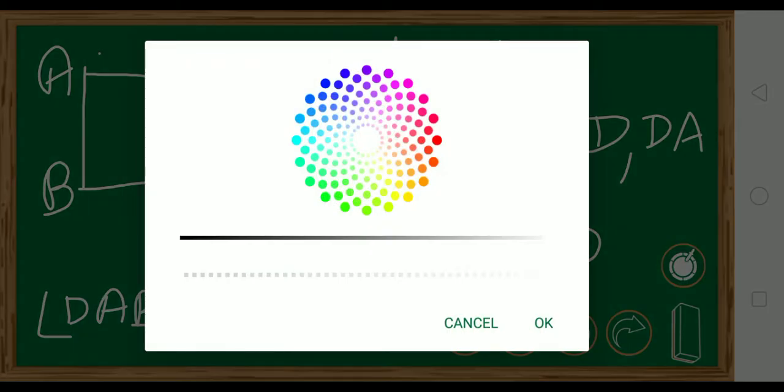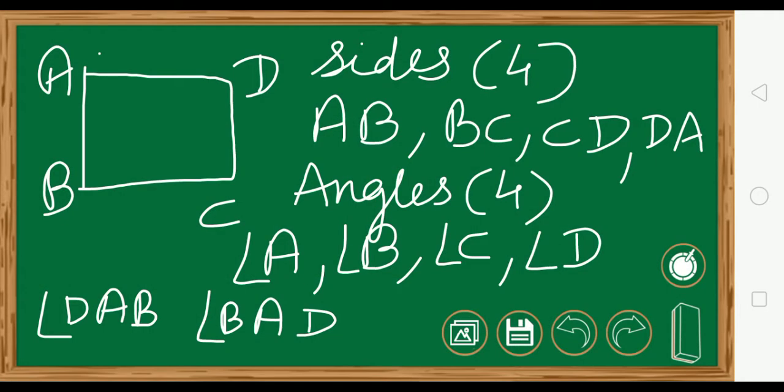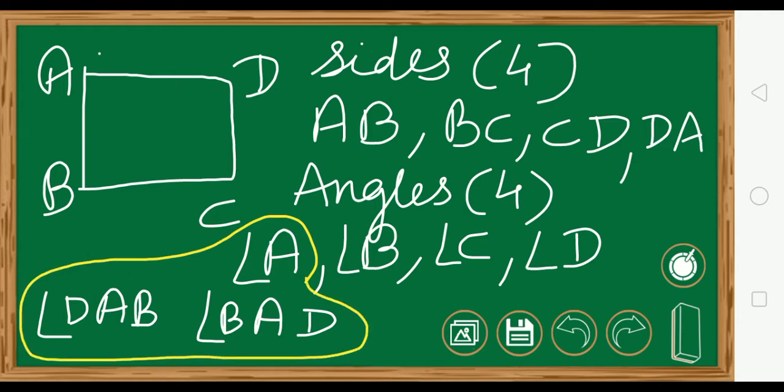Now note over here that these three refer to the same angle. Angle A and DAB or BAD, that is this angle. Either you have DAB or you have BAD or you write simply A. All three mean the same.